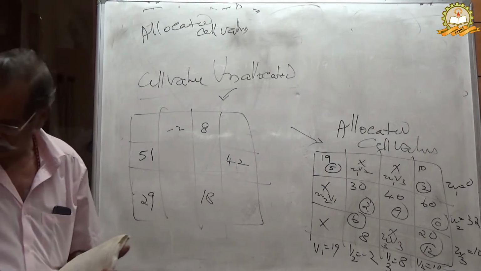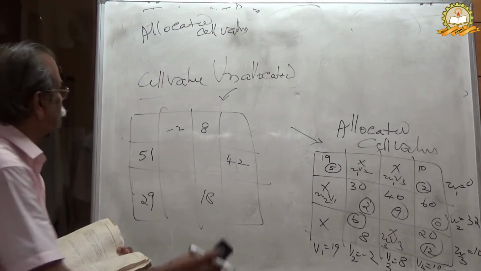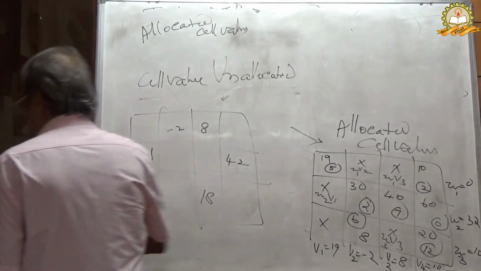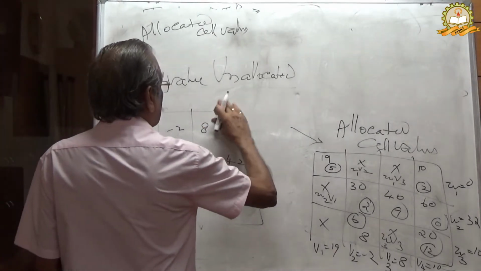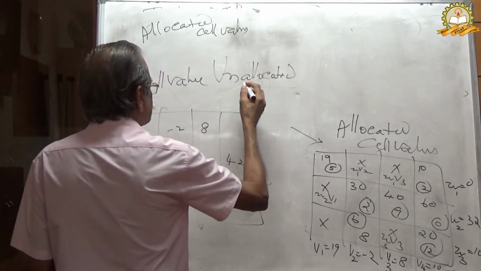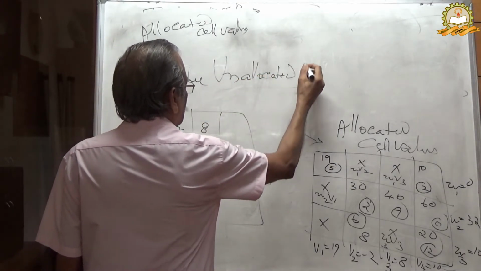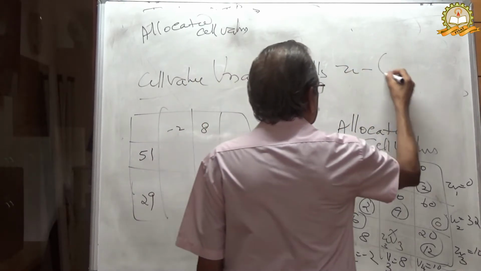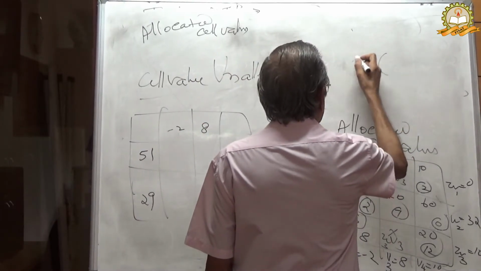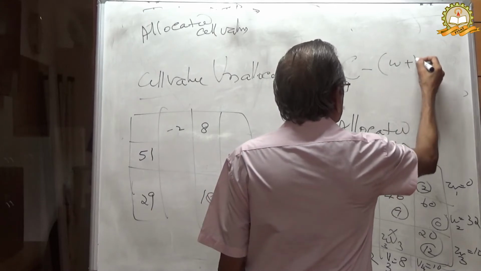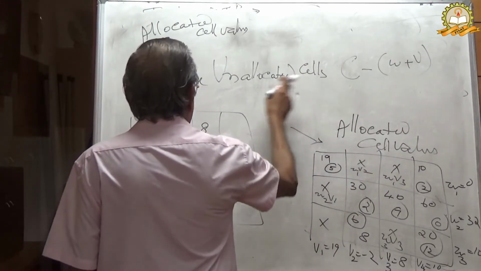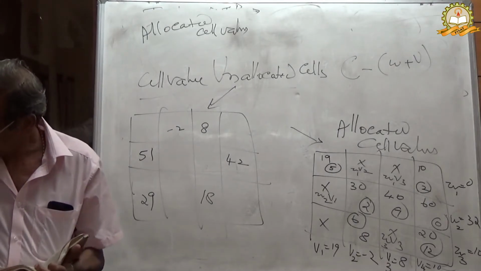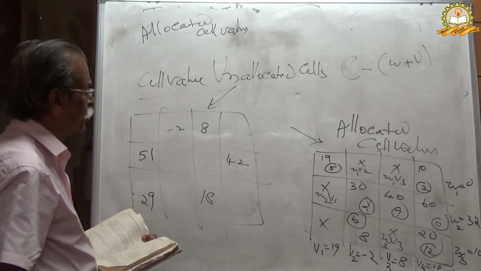After finding this, you can write the cell value for the unallocated cells, applying C minus (U plus V).